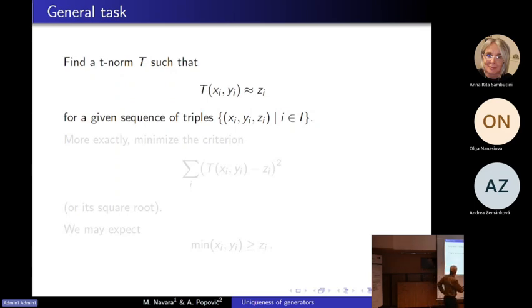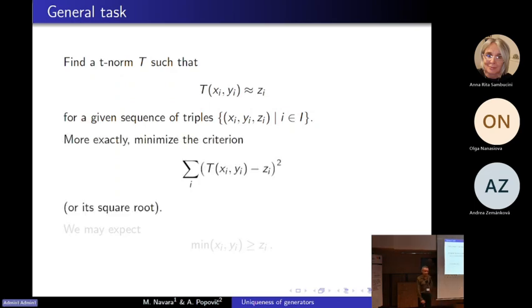So we have a sequence of triples and we have to fit to them. More exactly, we have a usual criterion: to minimize the sum of squares of differences at all nodes, or equivalently, the square root of this, which has a somewhat better meaning, but the same solution.